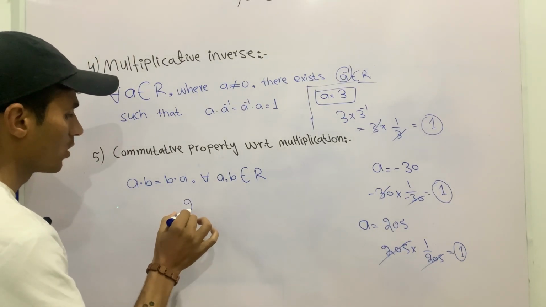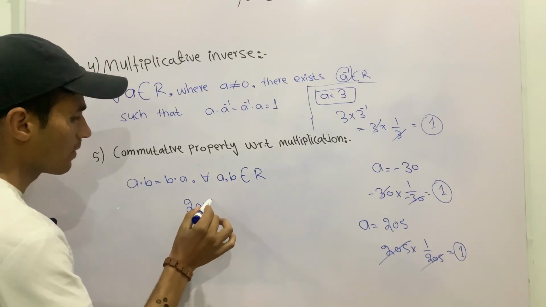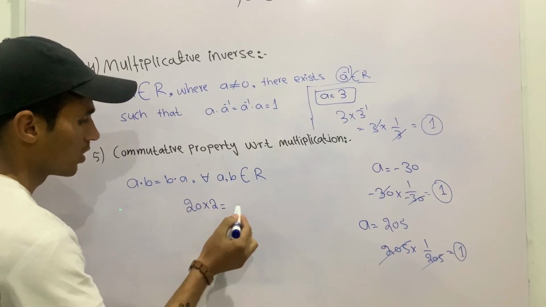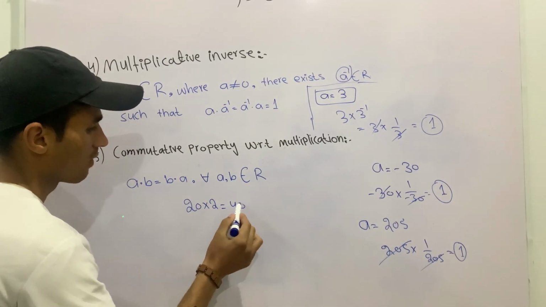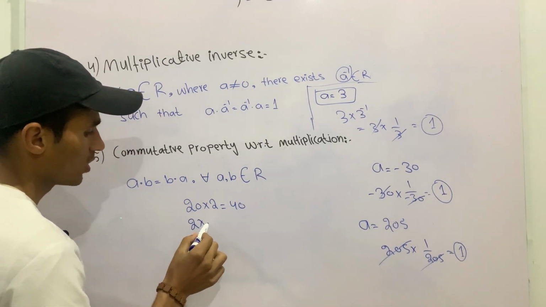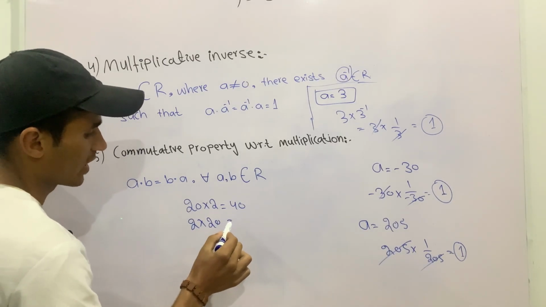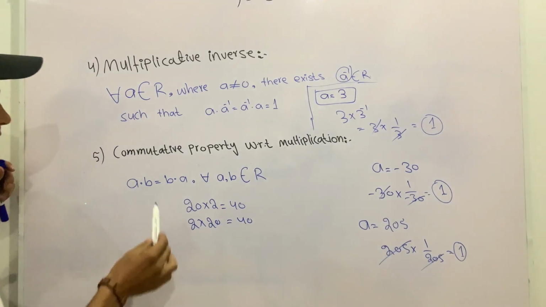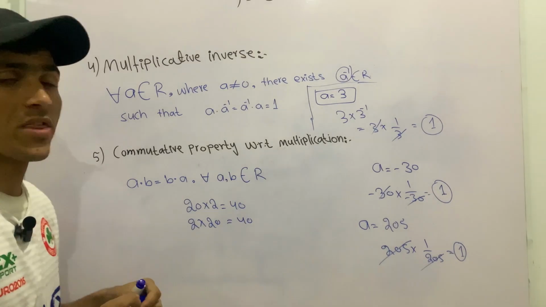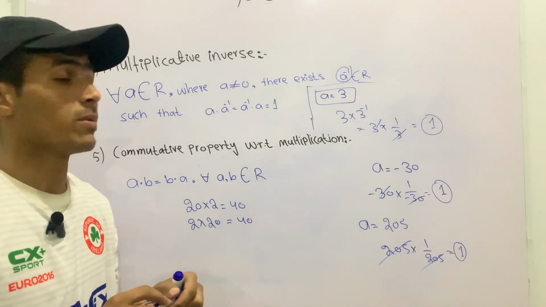For example, 20 multiplied by 2 equals 40. 2 multiplied by 20 again equals 40. This is the commutative property with respect to multiplication.